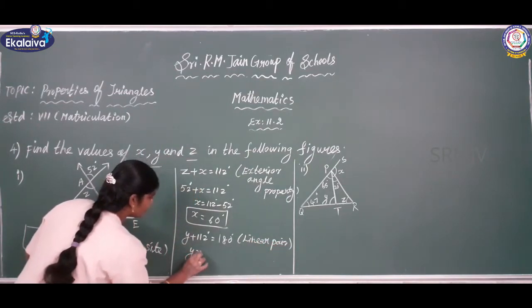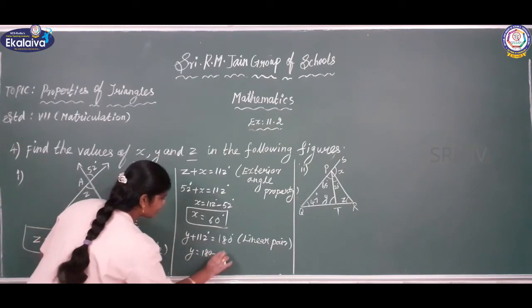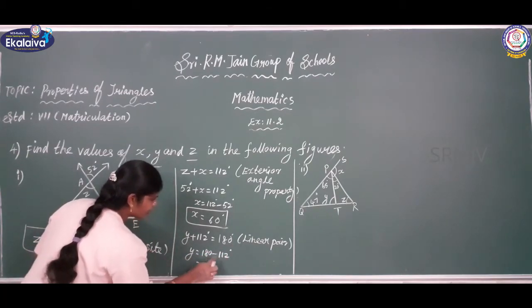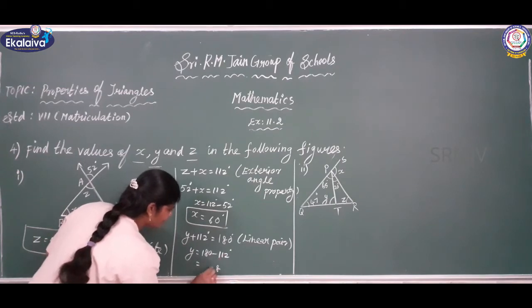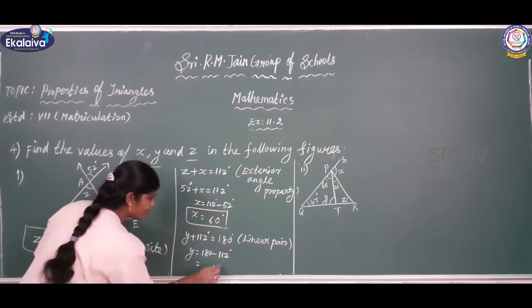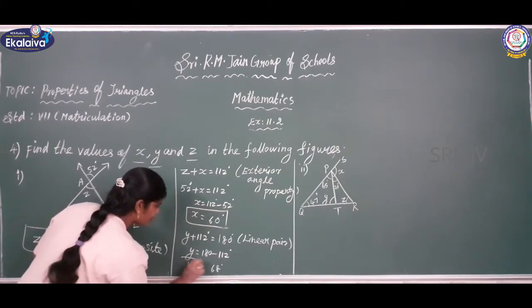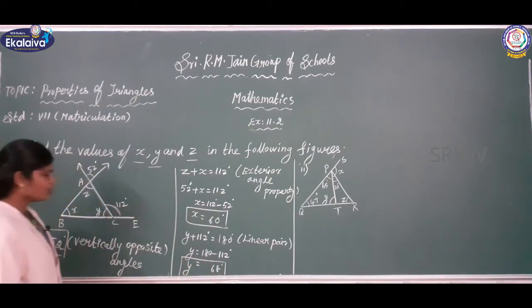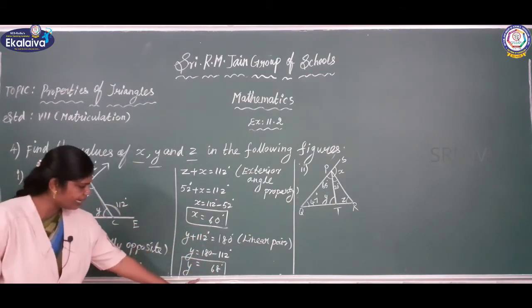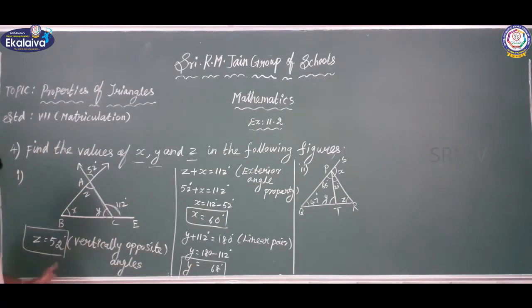So y equals 180 minus 112. Now subtract this: 10 minus 2 is 8, 7 minus 1 is 6, 1 minus 1 is 0. So y equals 68 degrees. So what is the x value? 60 degrees, y value 68 degrees and z value 52 degrees. Is that clear, children? See the next one.